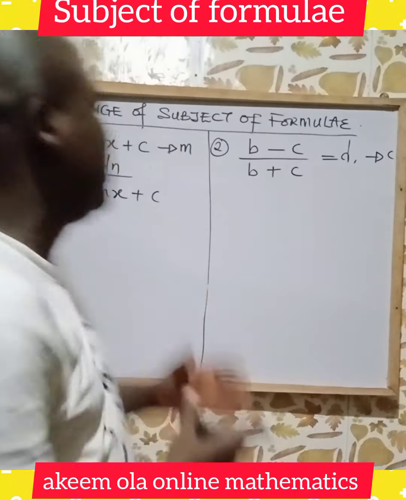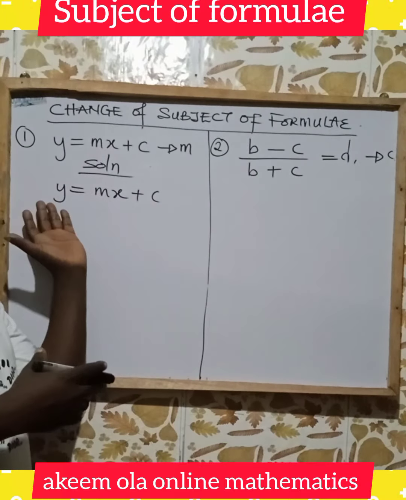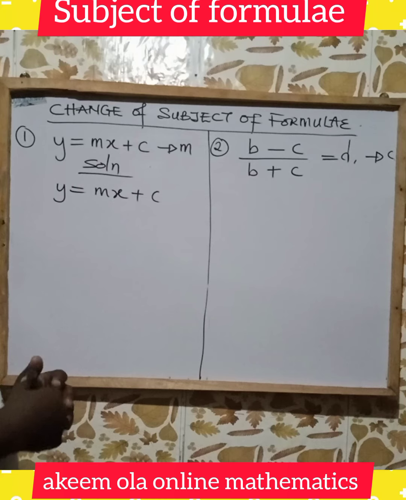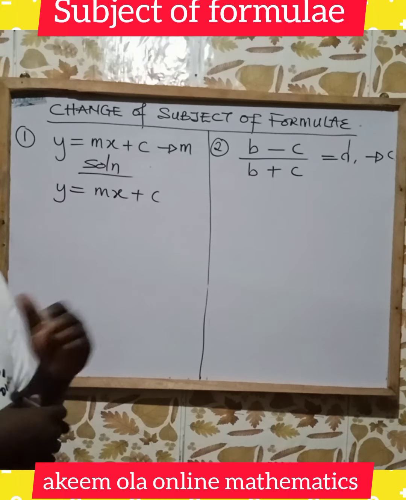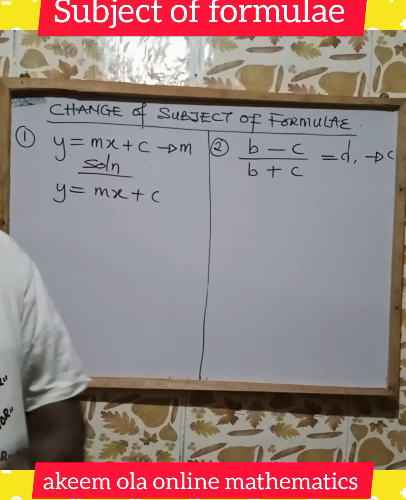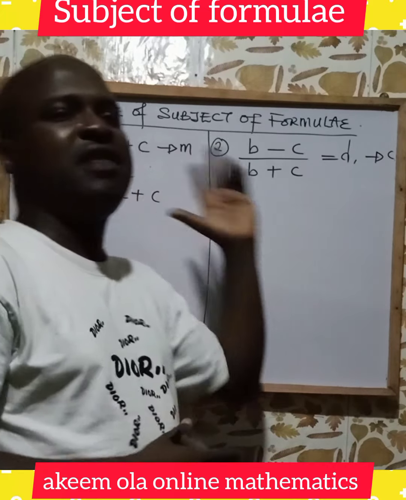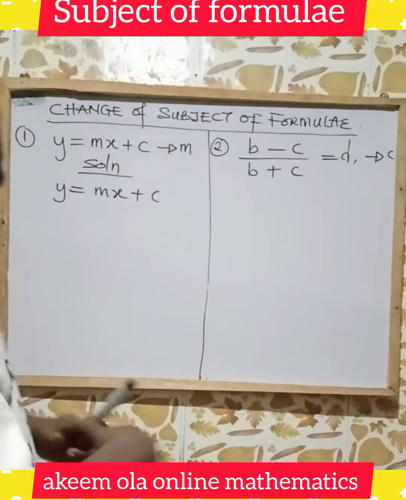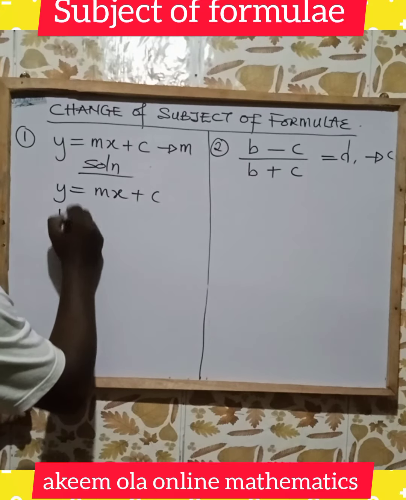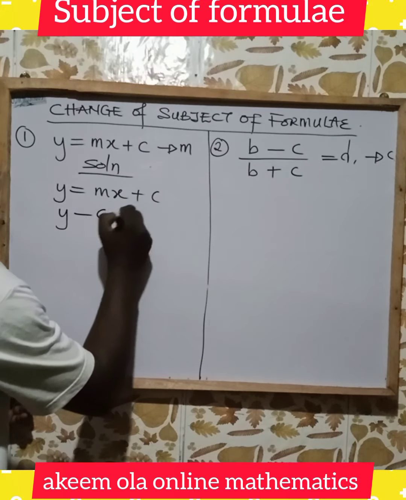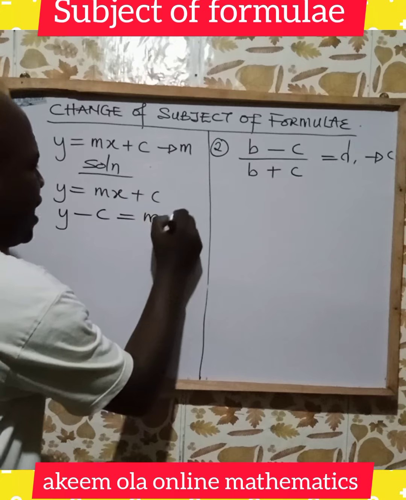I need to move this c from here to the other side. If I move c to the other side, the sign of that c will change. c is positive here. When it's moved to the other side, the sign will change to negative. That means we are going to have y minus c is equal to mx.